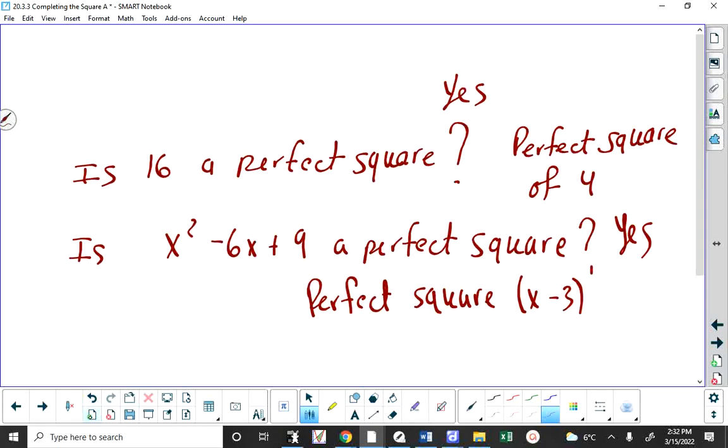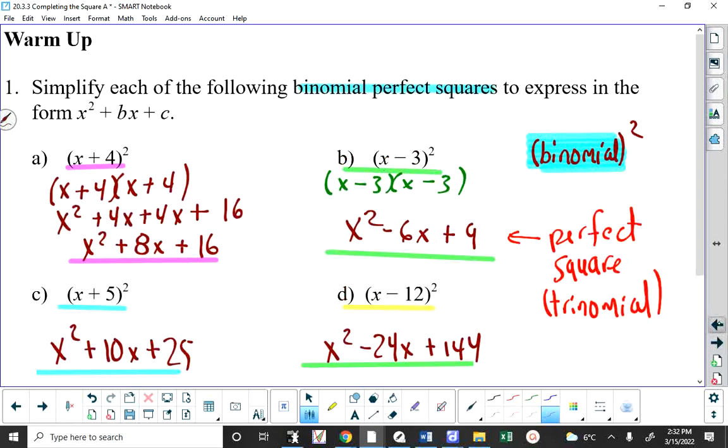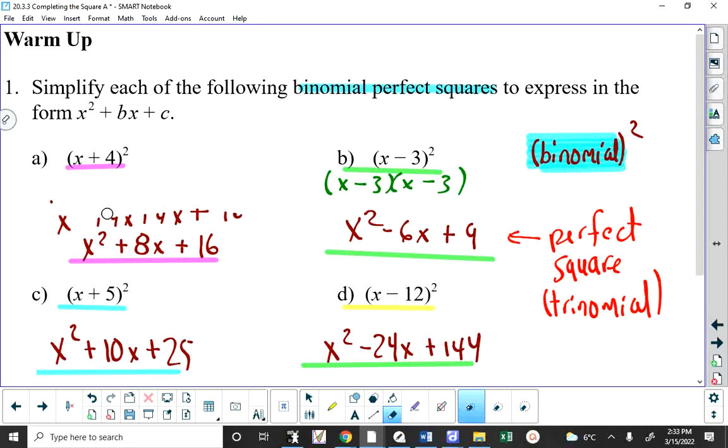And now comes the important question, one of the most important questions in this unit. What's the relationship between B and C in the simplified form of a perfect square trinomial? I'm going to erase some stuff here to give myself a little more room for you to think about things. And then I'm going to rephrase the question for you.